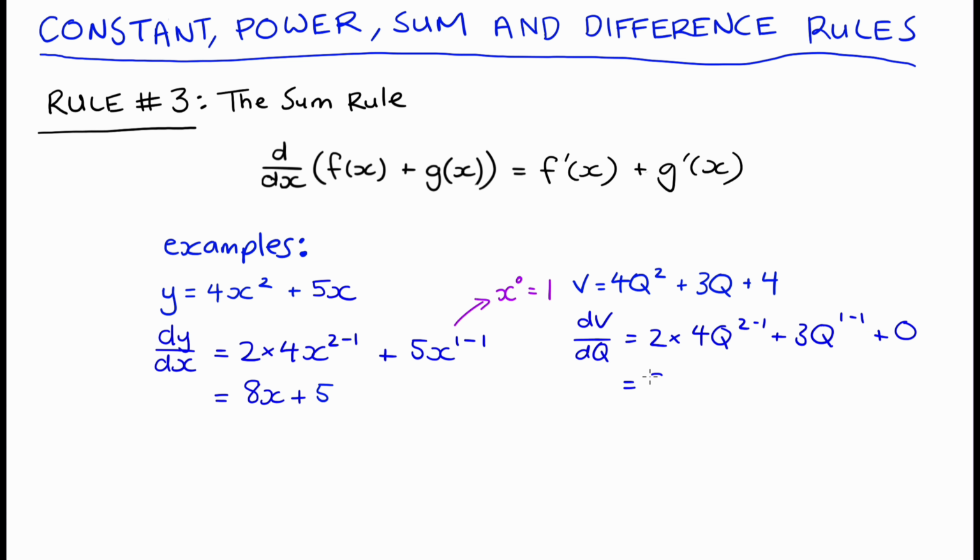So we're left with 8q, that's 2 times 4 times q to the power of 1, plus 3, that q drops out because it's to the power of 0, plus 0, so 8q plus 3 all up.